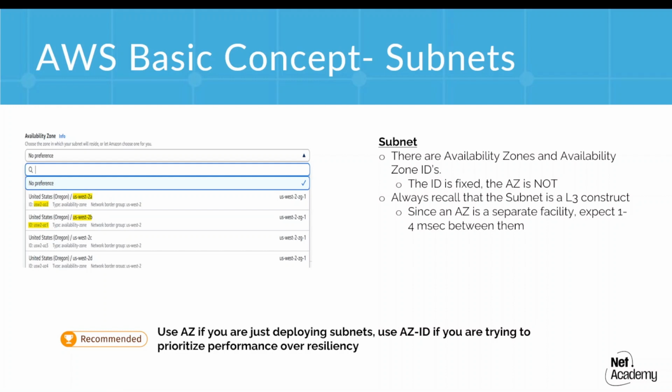You may want to make sure that they stay in the same AZ identifier if performance is more important. Because as I mentioned earlier, you can have anywhere from 1 to 4 milliseconds typically between those AZs. Remember, these could be up to 100 miles away. The whole point of an AZ is to provide that resiliency. If you're going to override that for performance, that's okay. Just know what you're getting into.